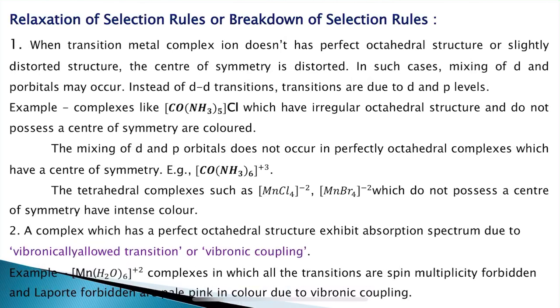Vibronic coupling is an absorption spectrum in which we see the electronic transition which occurs due to vibronically allowed transition. Here the vibrational and electronic coupling together, which is called vibronic coupling, will remove the center of symmetry.